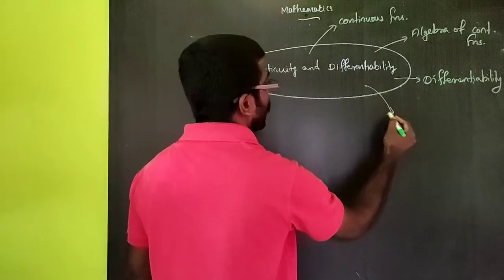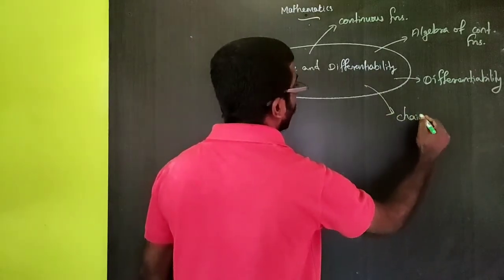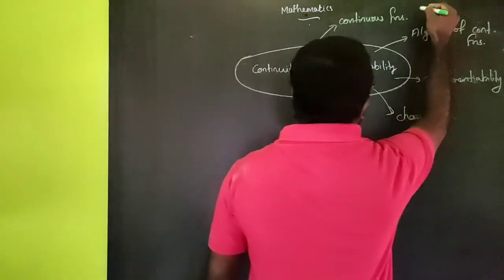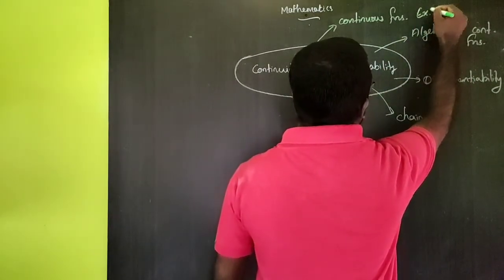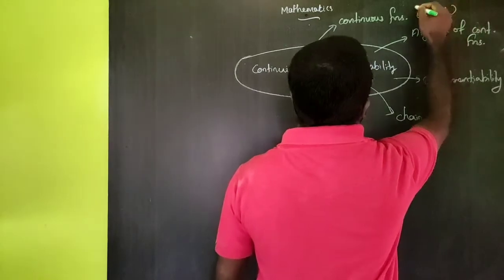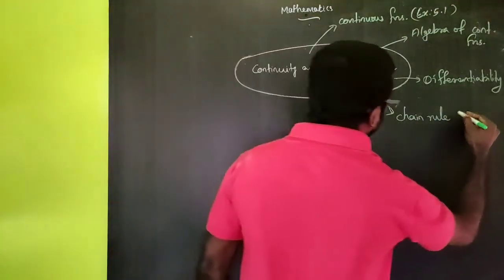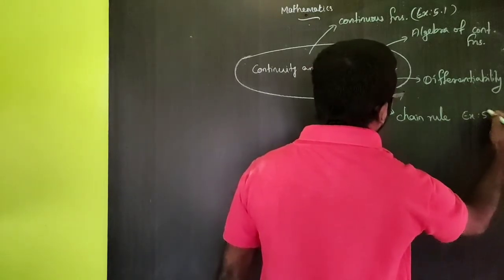In differentiability, we have the chain rule. So, continuous function Exercise 5.1 is related to continuous functions, and the chain rule we have in Exercise number 5.2.